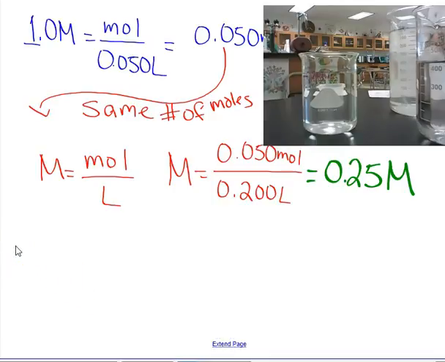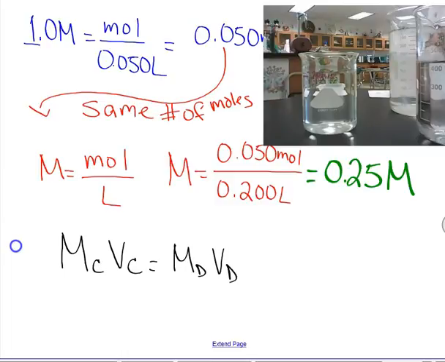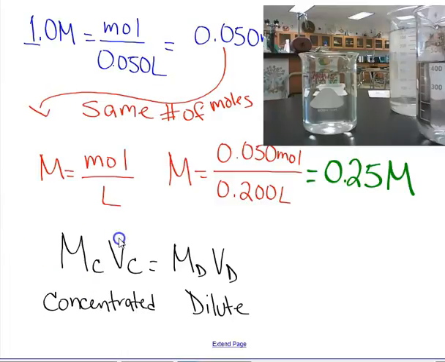So we can say that M_C V_C = M_D V_D. So here C stands for concentrated and D stands for dilute, and the molarity of the concentrated sample times the volume will tell you how many moles there are, and the molarity of the dilute times the volume of the dilute will tell you how many moles there are.